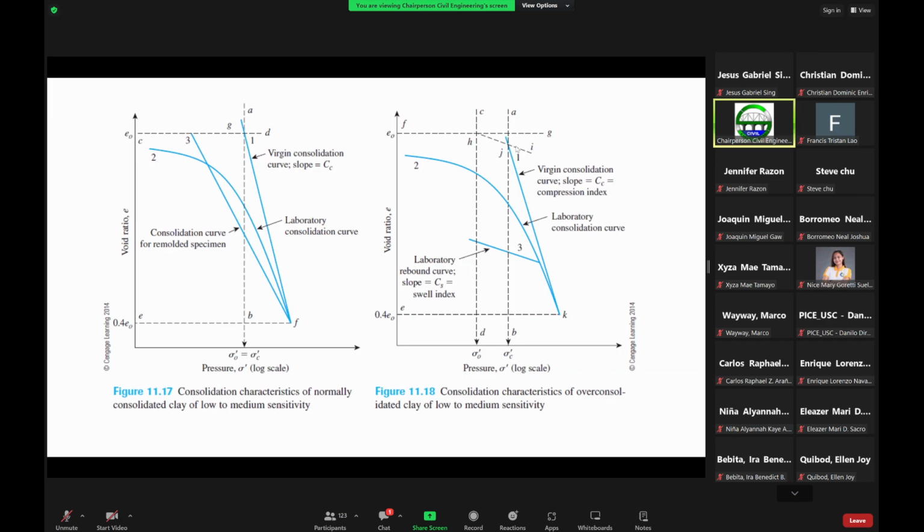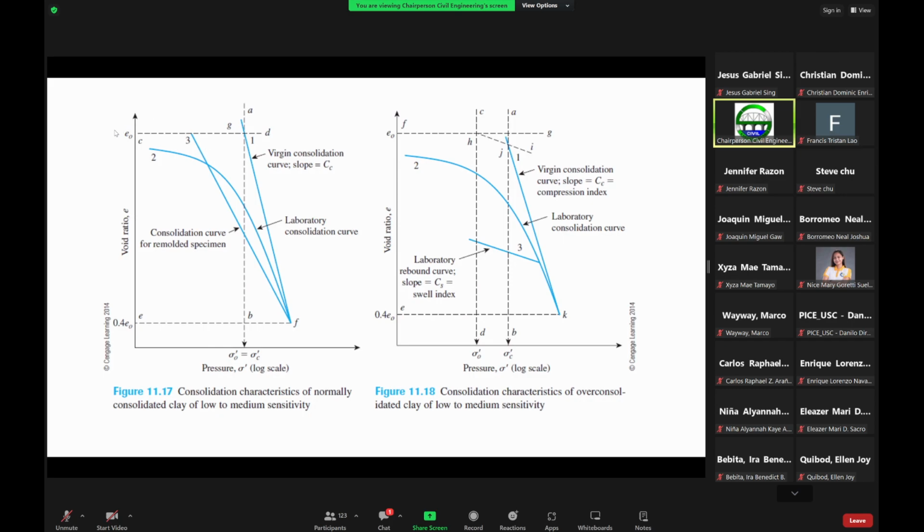And if you project it here, the E sub O is your initial void ratio. If you project this line and intersect it with the line of the initial void ratio, then that can be your present effective overburden pressure.